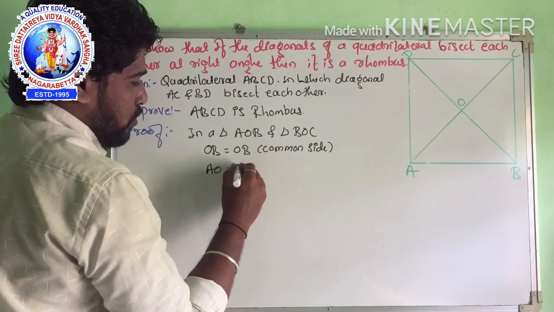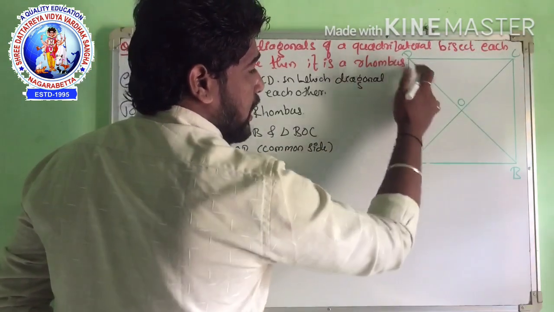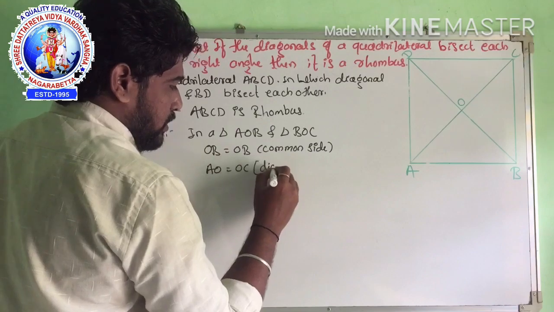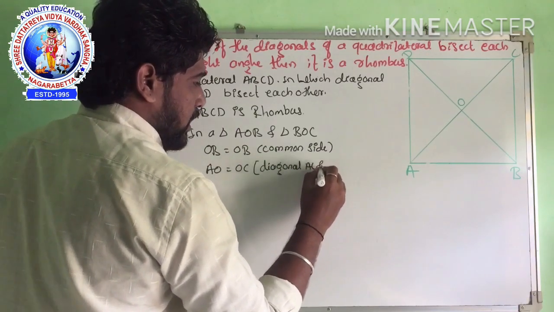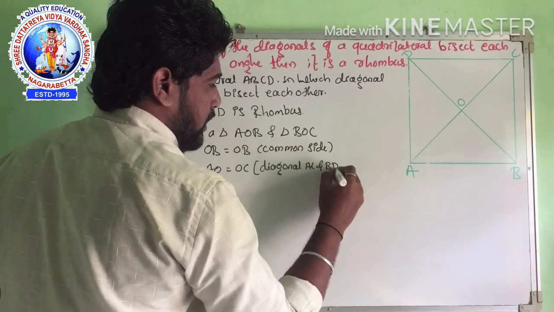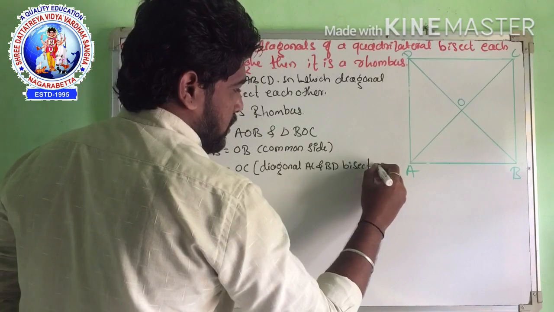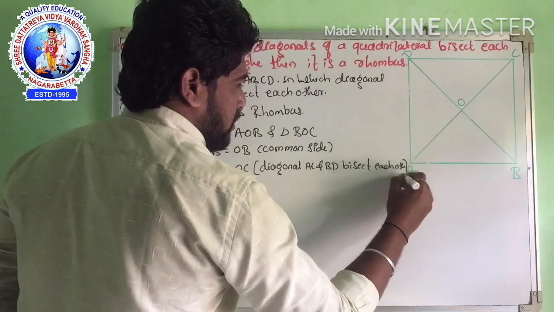AO is equal to OC because the diagonals AC and BD bisect each other, right?